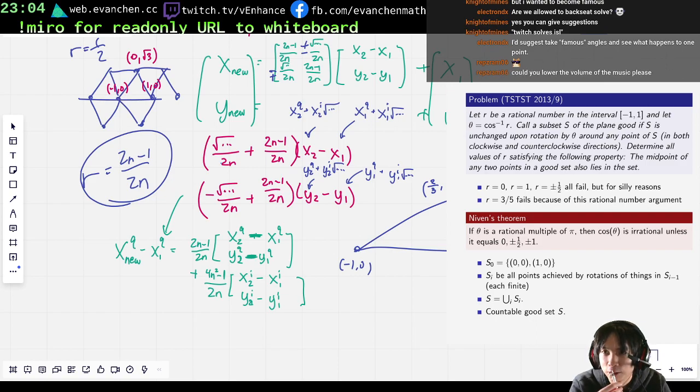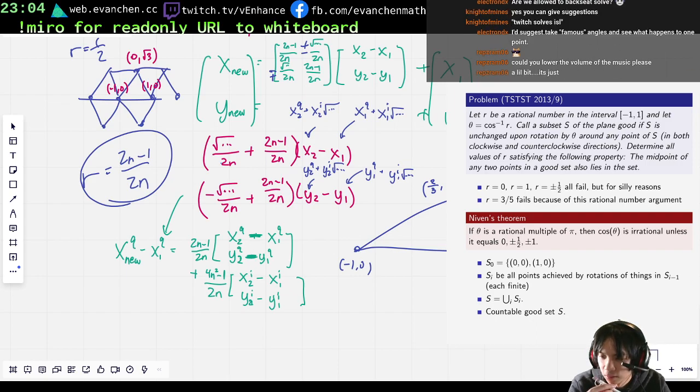Could I lower the volume of the music? Yeah. It's hard because right now the volume of the music was at 3% before your request. I changed it to 2%. We'll see if that helps.